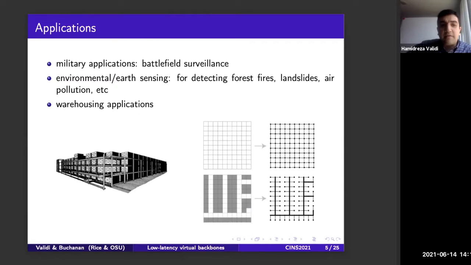and then we can think about environmental or air sensing for detecting forest fires or landslides or air pollution. There's also a nice application in warehousing. Suppose that you have a grid graph like this, and you want to design the corridors such that you have direct access to every item in the warehouse.